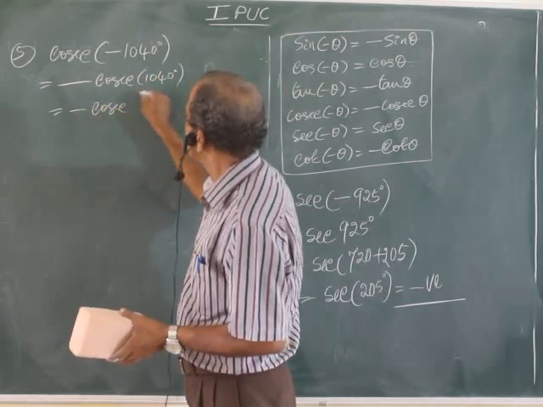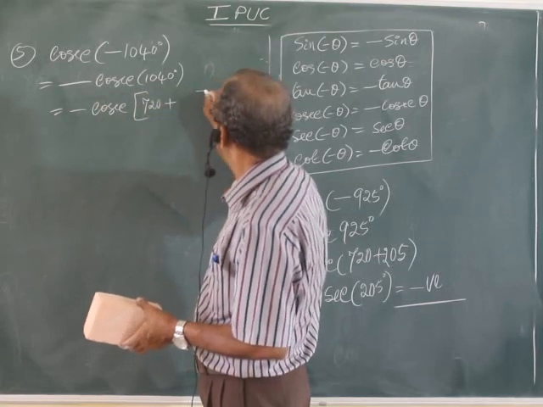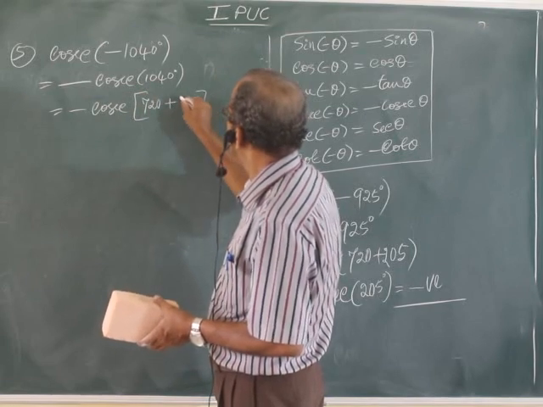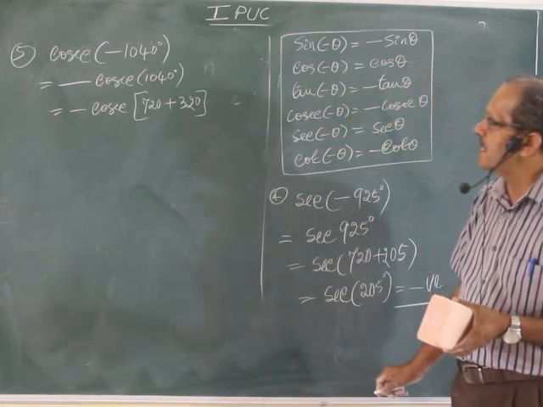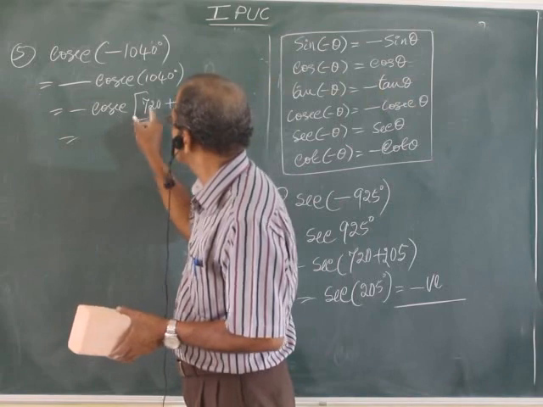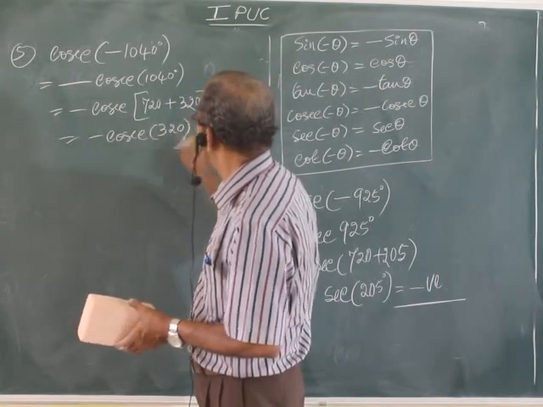This is more than 720. 1040 can be written as 720 plus 320. Forget this 720. Minus cosecant of 320 only.